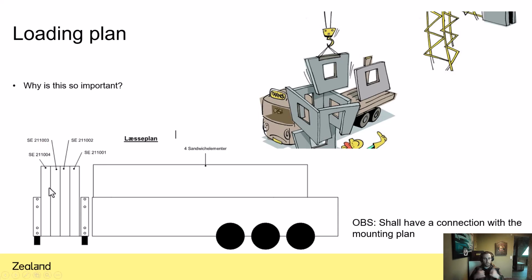And with the mounting plan, the guy on the site knows, okay, we need to start with, for example, 2100-01, 02, 03, 04. So we have to show that on the truck. That's why it's important. Just also be aware of the height. There are bridges in Denmark, and there is some maximum length and width on trucks. So you should Google that and be aware of that.